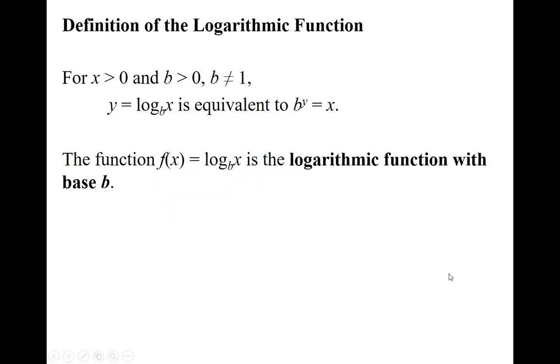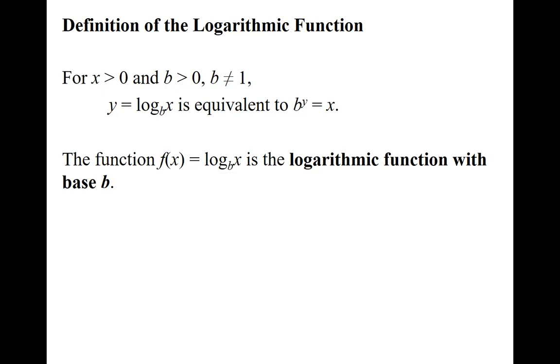So when we talked about exponential functions, functions where the variable was in the exponent, we mentioned that they were 1-to-1 and therefore had an inverse. The logarithmic function is the inverse of the exponential function.